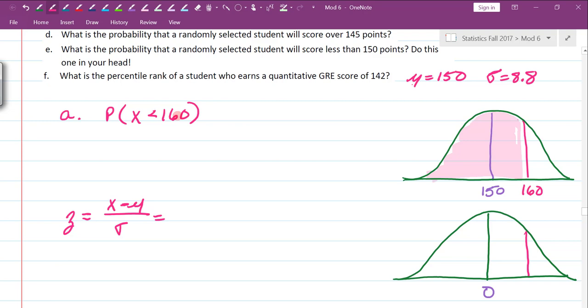So our x is 160, so it's 160 minus 150 divided by our standard deviation, 8.8.